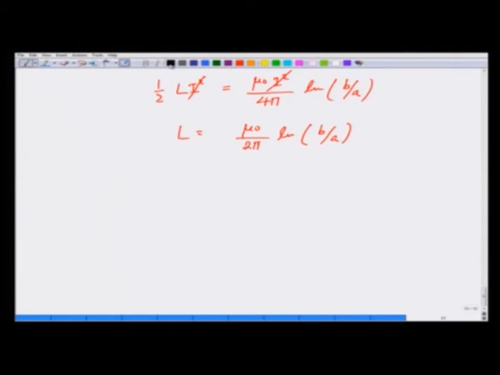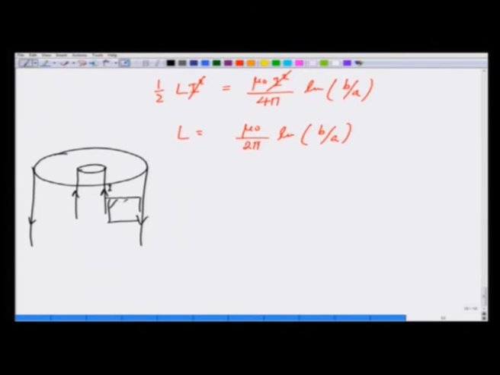Again, in this wire which is carrying current I, and outside the current is coming back, the flux per unit length will be in this area which I am showing by this shaded region, and this is going to be B times dr times unit length. Dr is this and unit length is this way.